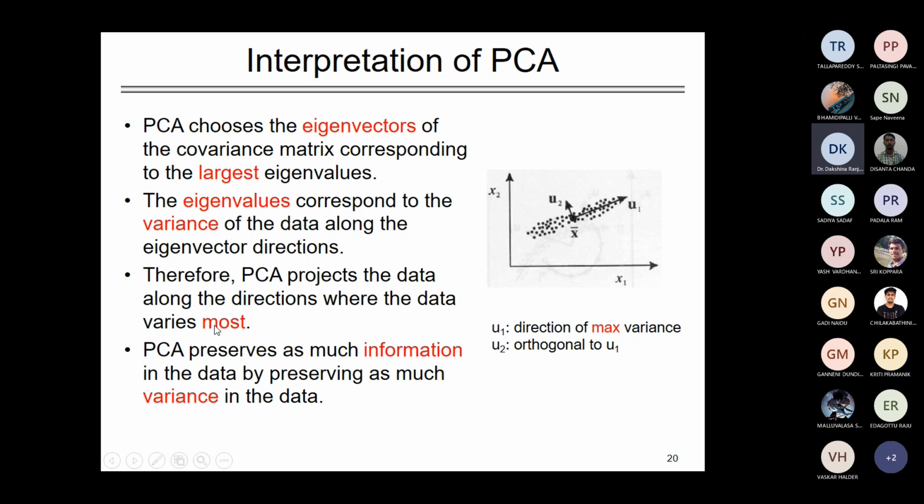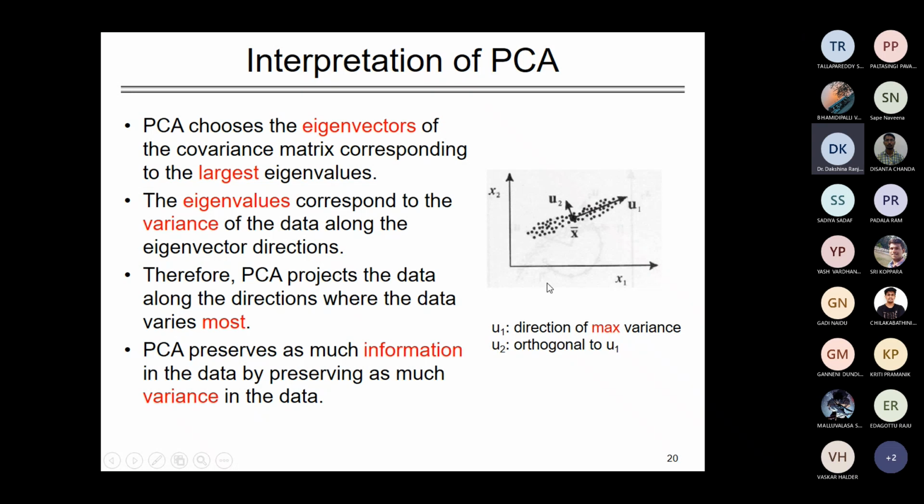So as I said in the last class, when we get the distribution of n-dimensional data, n may be 1, n may be 2, n may be 3, or n may be more than 3 dimensional data.